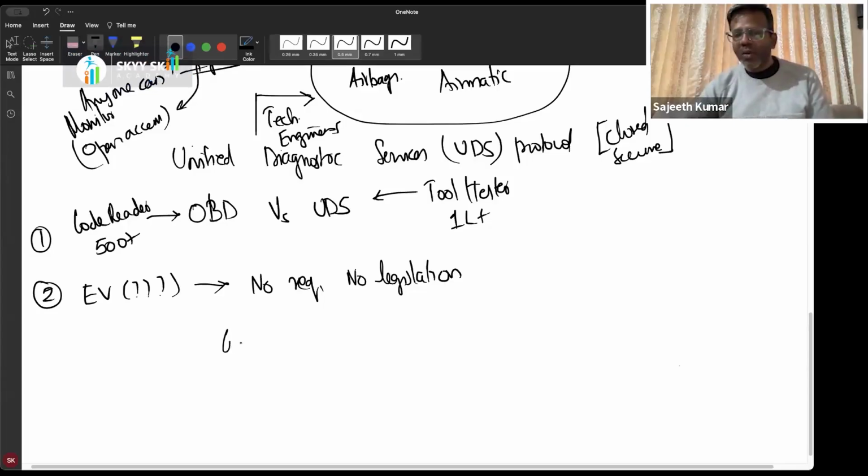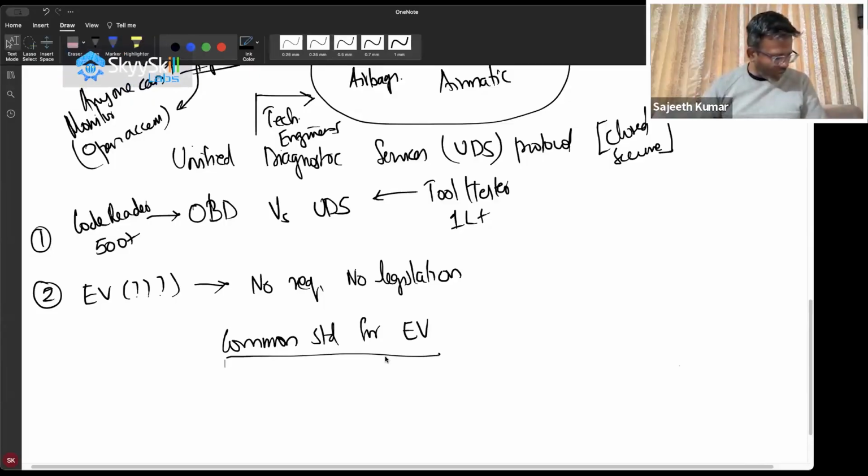There are no common standards for EV. As far as IC engines were concerned, at least there was one common standard, which was OBD, which allowed you to diagnose any kind of pollution related problems with IC engines. But now you don't have a common standard.